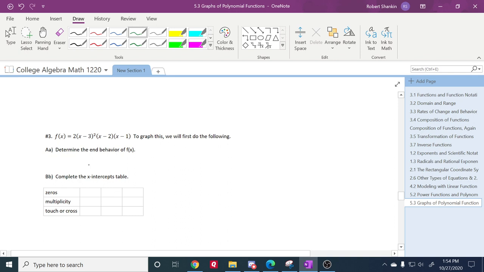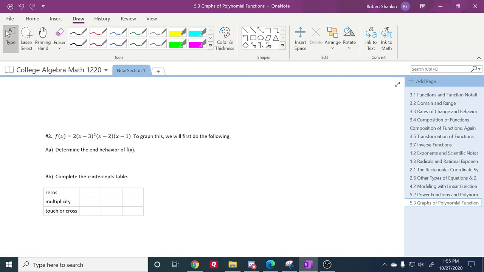Okay. So let me give you a little bit of time to determine both the end behavior and to make your own little x-intercept table. Now, it's going to be easy to type in the end behavior because you could say far right, up or down, so on.